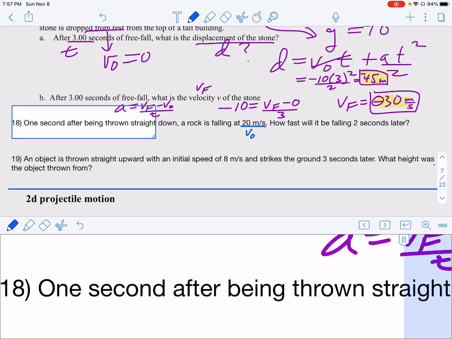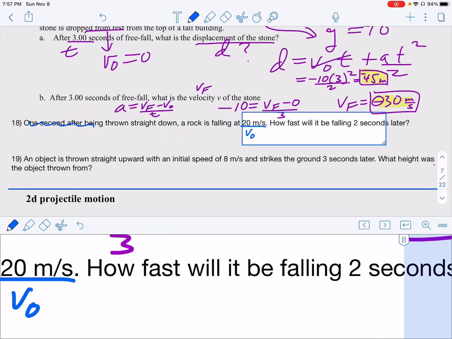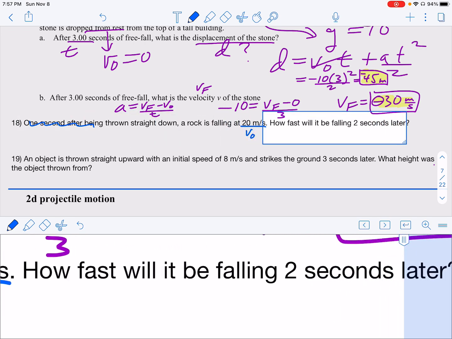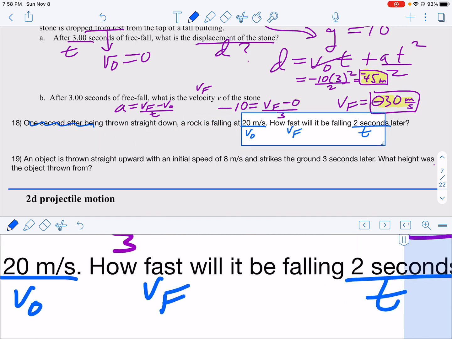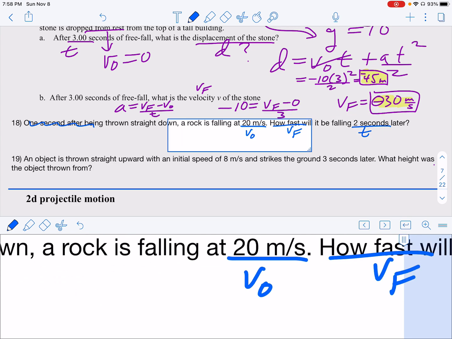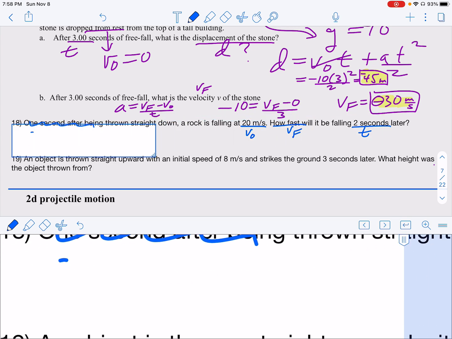I'm skipping this part because it's irrelevant. How fast will it be moving 2 seconds later? So that's the time. How fast is VF? That's what I'm looking for. I know something that's not mentioned: A equals -10 meters per second squared.